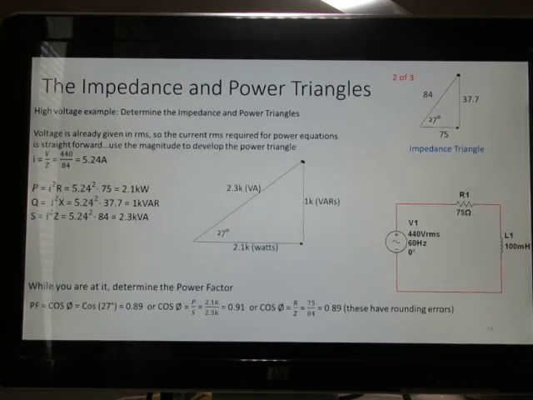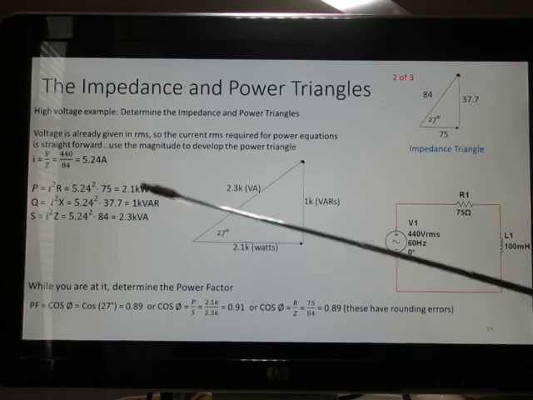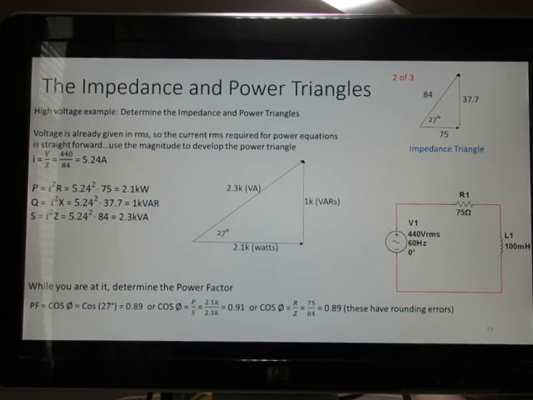So now we want to move over to the power triangle. We want to determine current first, and that's just the voltage divided by Z. So we're given a voltage of 440 volts, divide that by 84, and we get 5.24 amperes. Next, we're going to multiply this current squared times each side of the impedance triangle to get the power triangle.